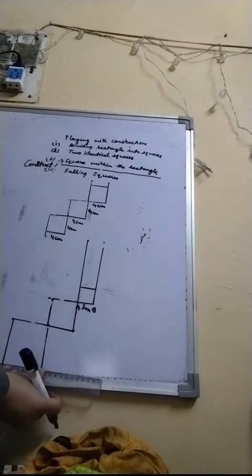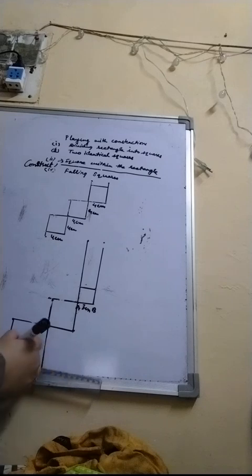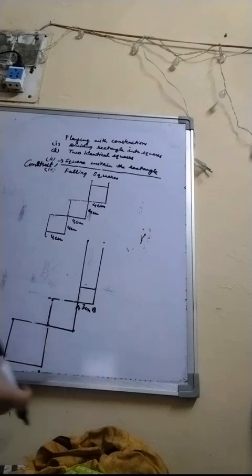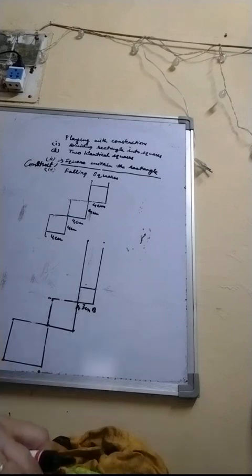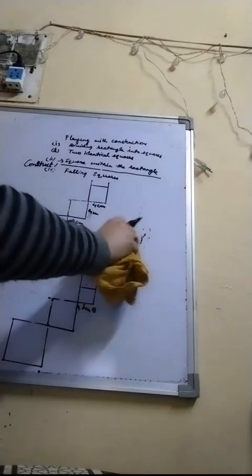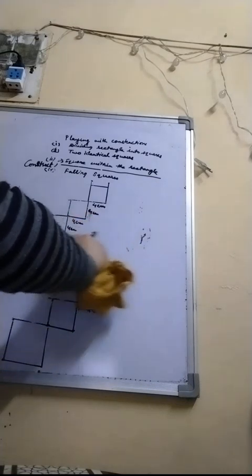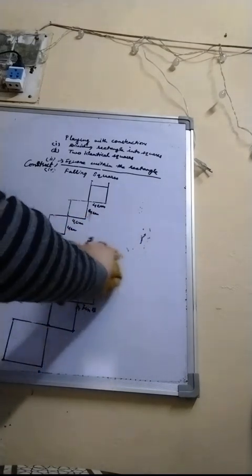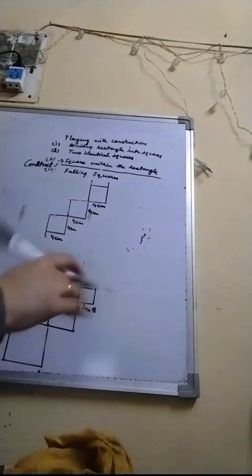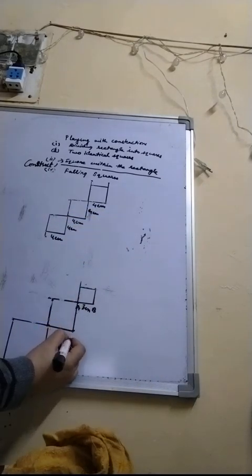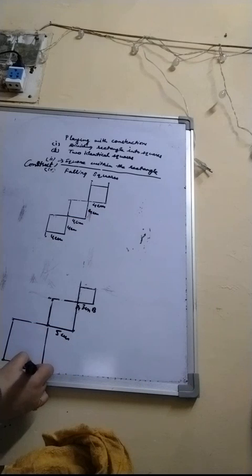Put a dot at 7 centimeter, and from here you measure the 7 centimeter and put a dot there and join the two. You would get the square of 7 centimeter. Rub the extra part wherever you are getting. So in this way you get 5 centimeter, 3 centimeter and 7 centimeter squares.